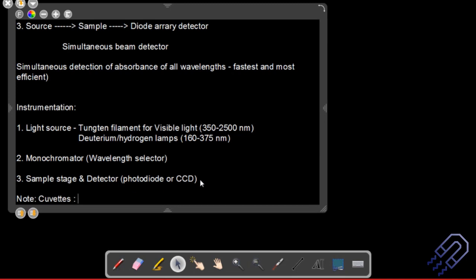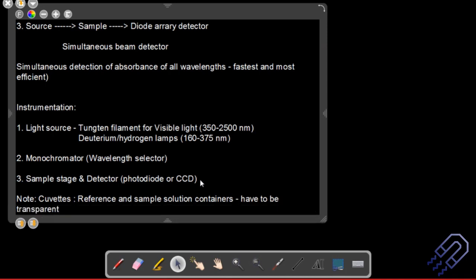Cuvettes are the containers where the reference and sample solution are taken, and they have to be transparent. As I told you, it needs to be transparent to UV.